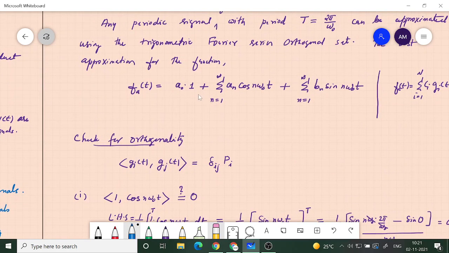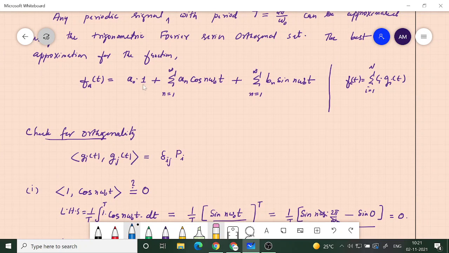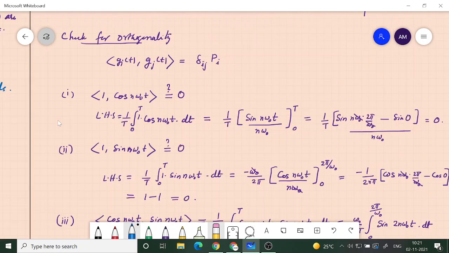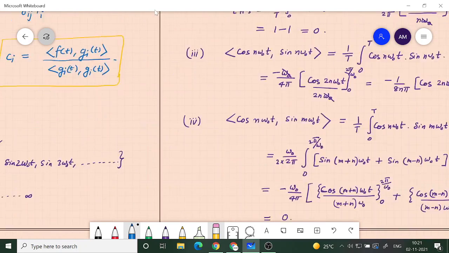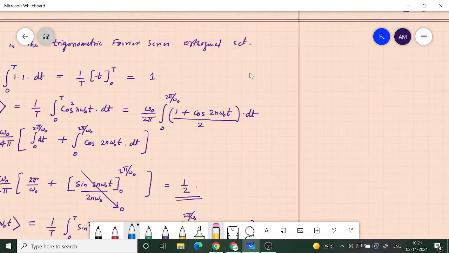Look, I have associated the expansion coefficient with each function. So A0 is associated with which function? 1. An is associated with which function? Cosine n omega t. So you note this down, and then knowing that you can apply the formula.